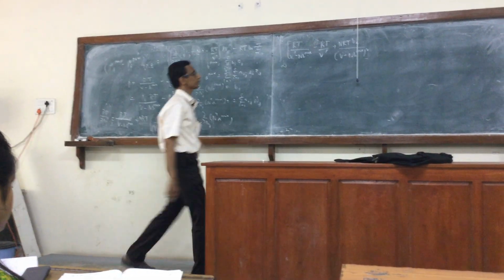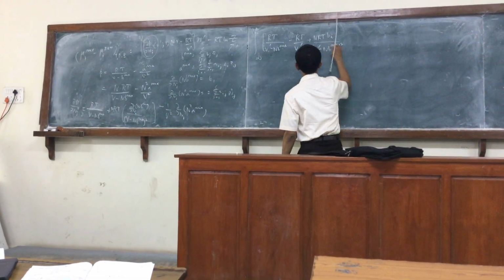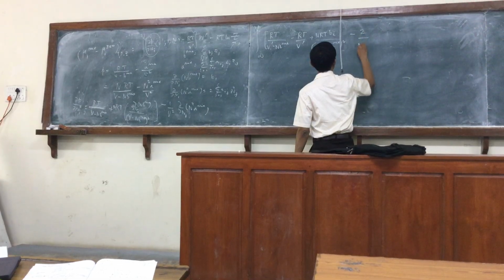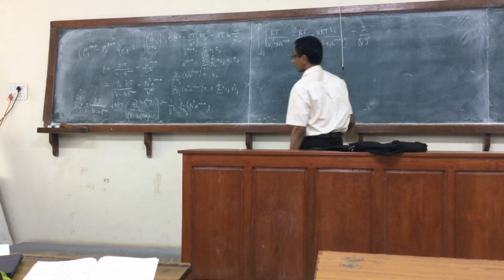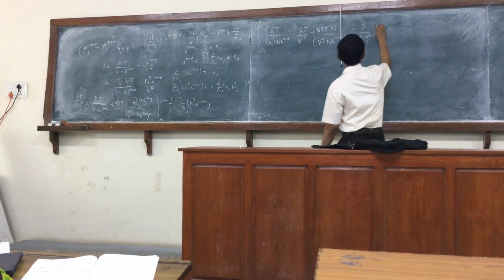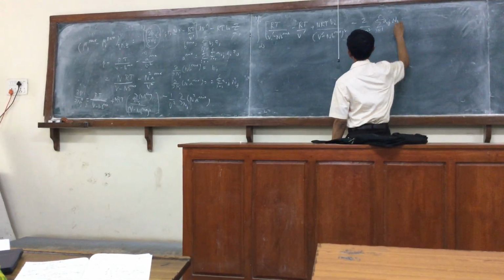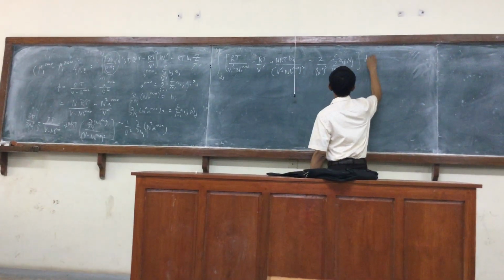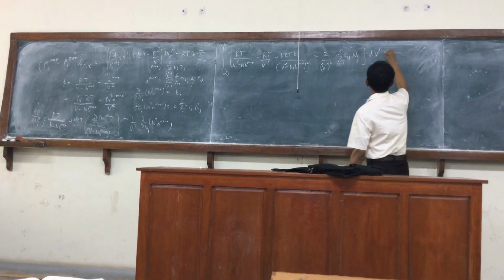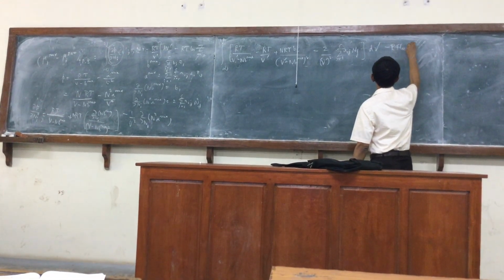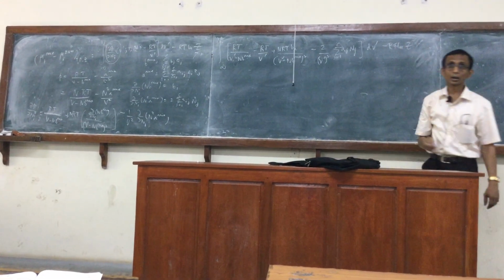So that would be minus 2 over V prime square, the sum over j equal to 1 to C of Aij Nj, dV prime, minus RT log Z.